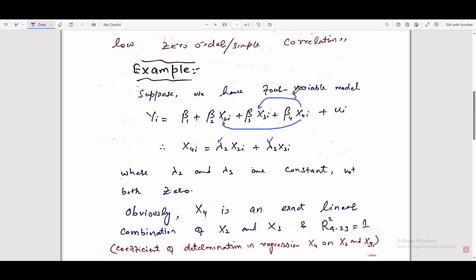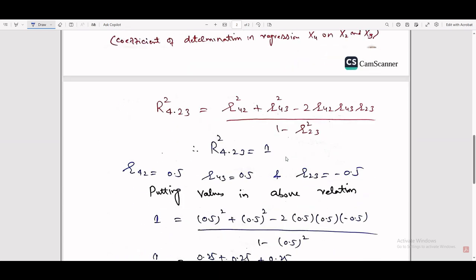And the correlation between x2 and x3 is equal to minus 0.5, Pearson correlation coefficient minus 0.5.